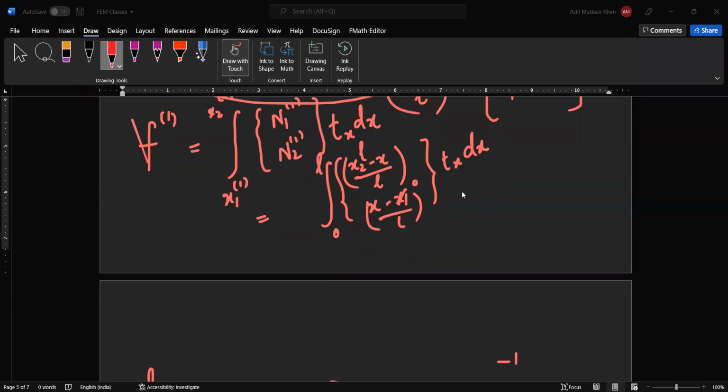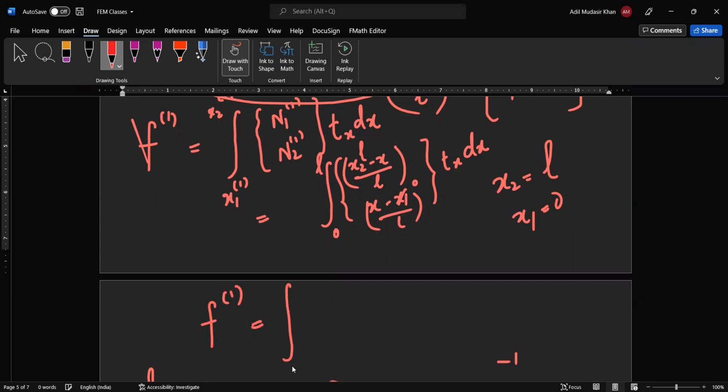We know x2 is equal to L, and with our x1 equal to 0, the force vector for element 1 will be integral 0 to L of L minus x by L, and x by L, T of x d of x.